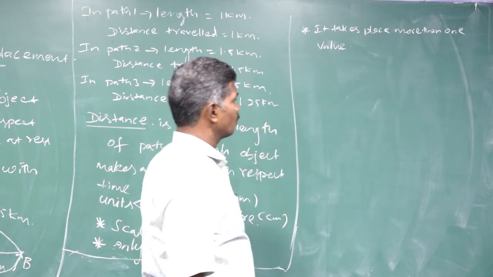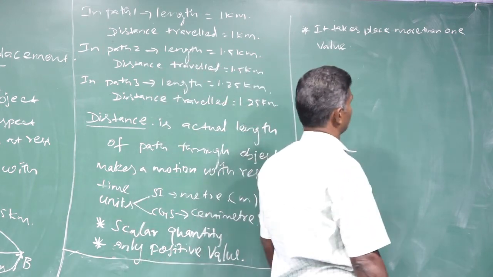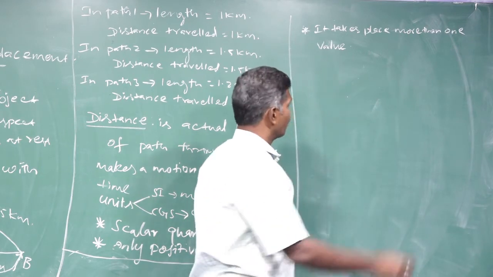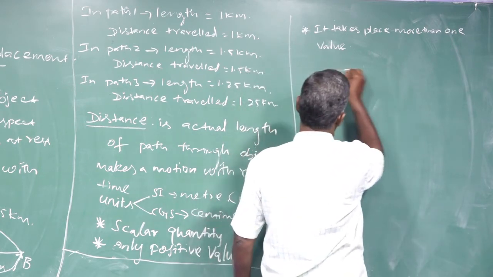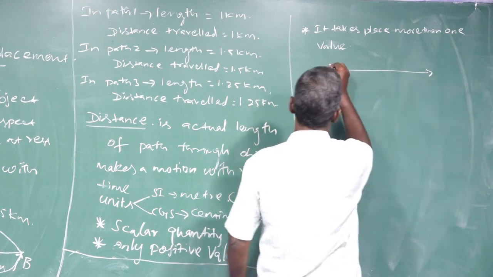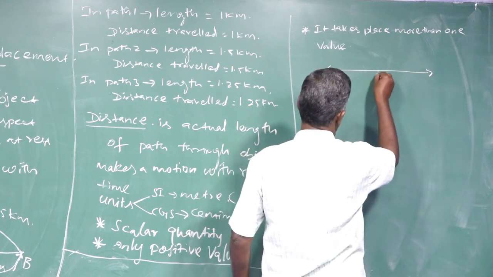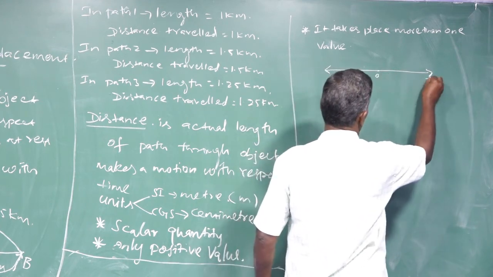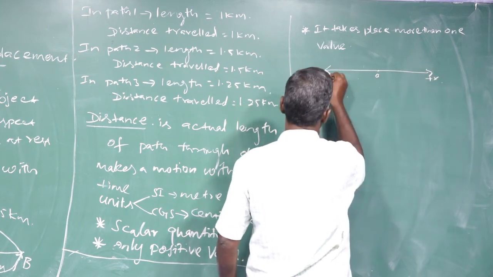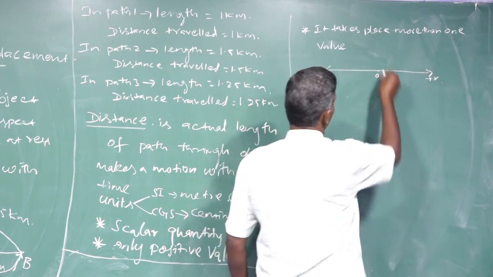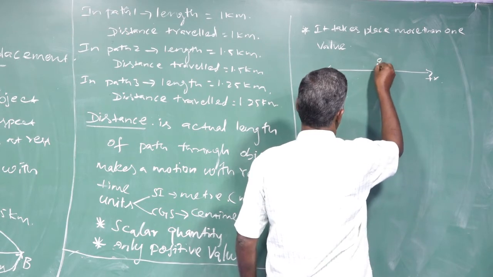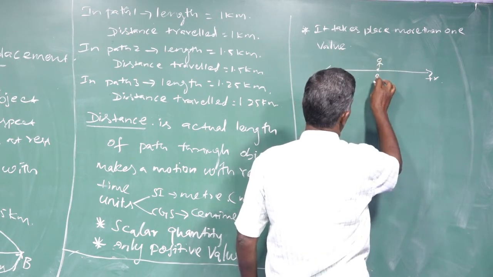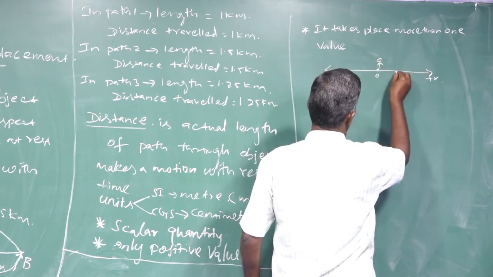There we can give an example diagram also. In a one-dimensional motion, if you take the x-axis, there is an origin, a positive x-axis, and a negative x-axis. A man is moving first from the origin towards the positive x-axis.